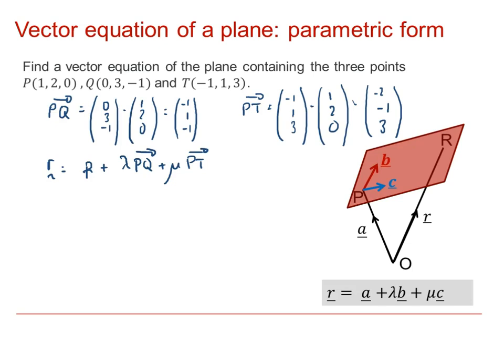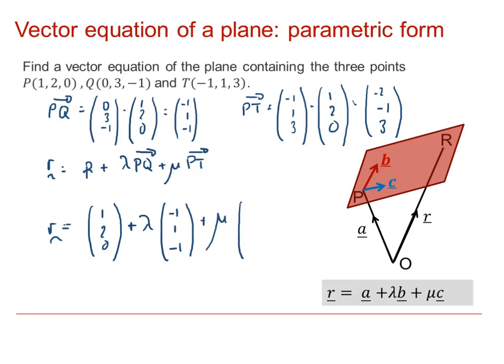So we end up then with r is equal to the position of P, (1, 2, 0), plus lambda times one of the directions, (-1, 1, -1), plus mu times the other direction, (-2, -1, 3). And that's our equation of this plane in parametric form.